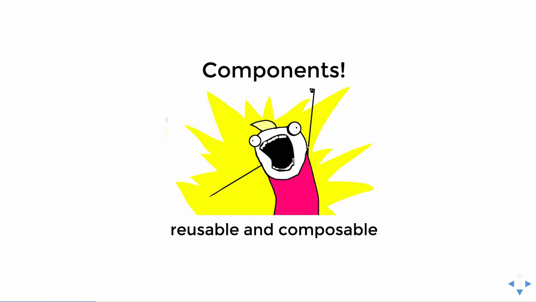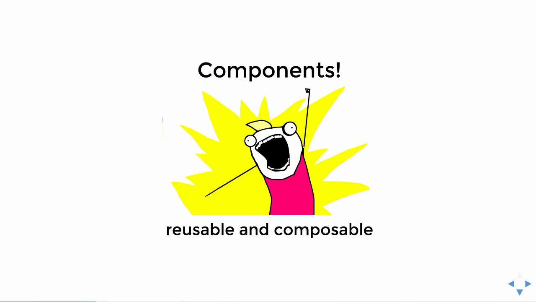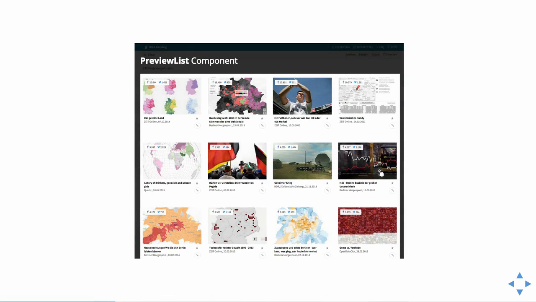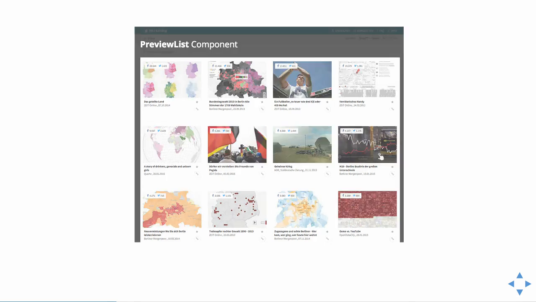The main thing that React gives us is components. These are reusable and composable, and I will show you how we use components in this application. This is the preview list component, which is a very large component in this application. It contains other components, obviously.